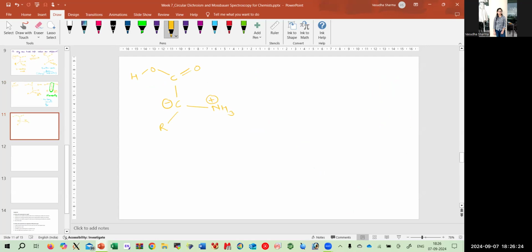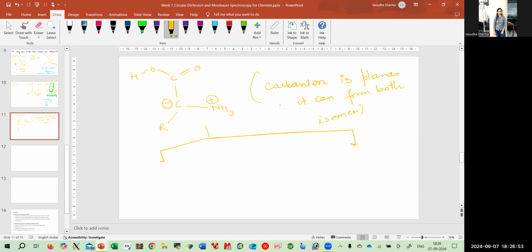So this carbanion now is again a planar structure. So it can have both the isomers. So this carbanion is planar. So therefore it can form both isomers.